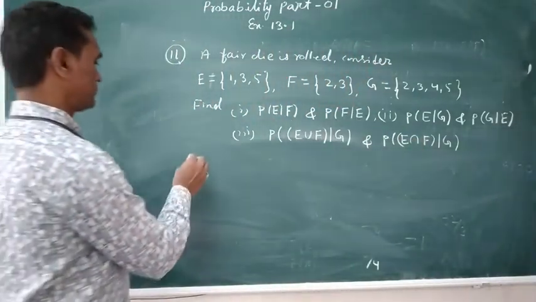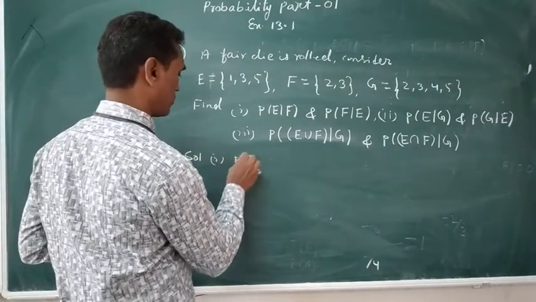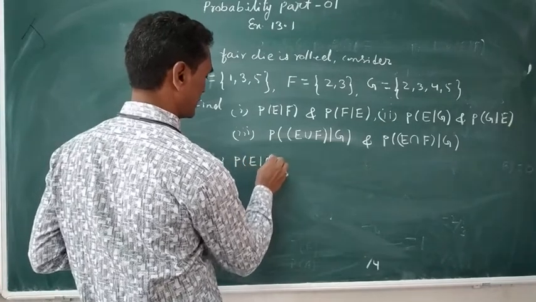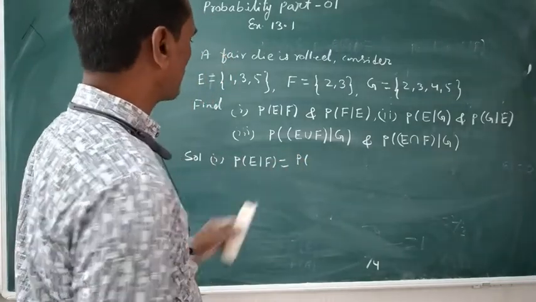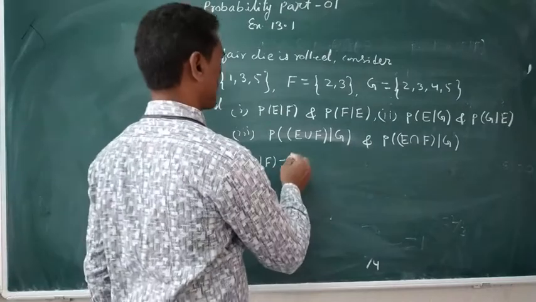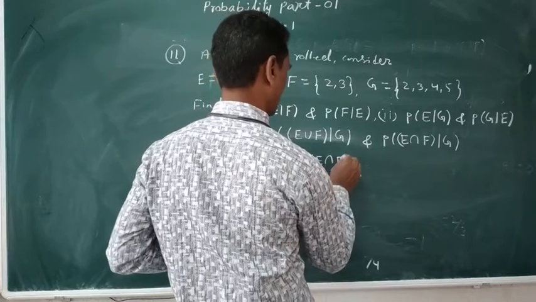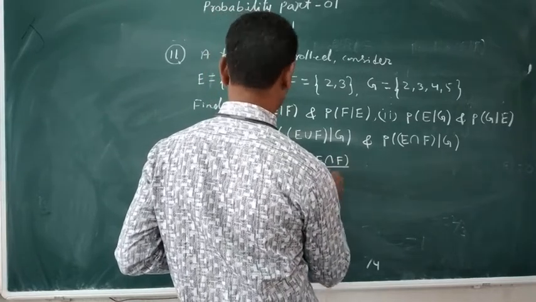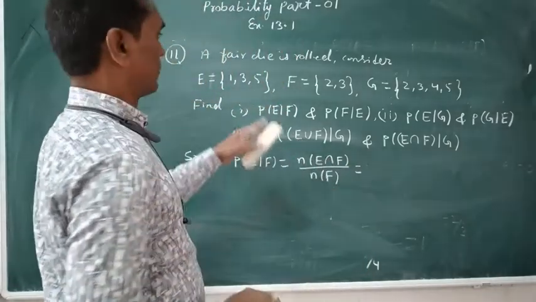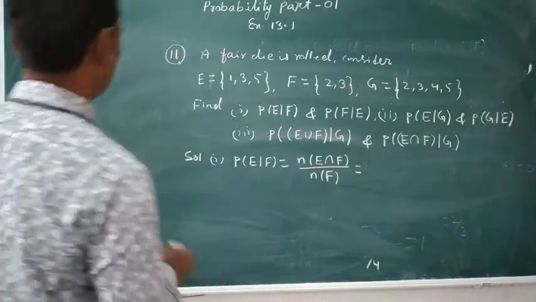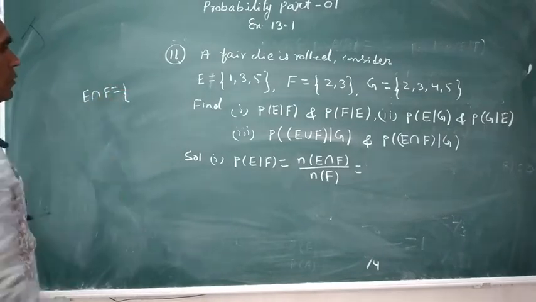For the first question, probability of E given F, in terms of number of elements we can write: number of elements in E intersection F divided by number of elements in F. So first of all you find the intersection of E and F. So E intersection F is equal to, what is common here?